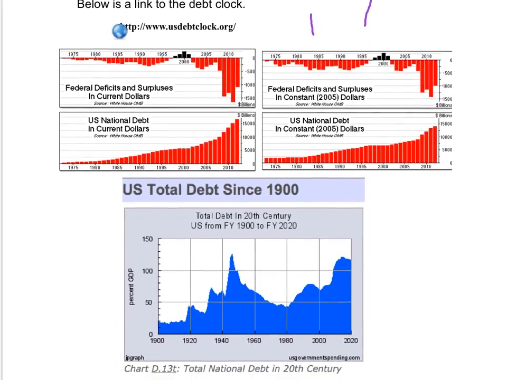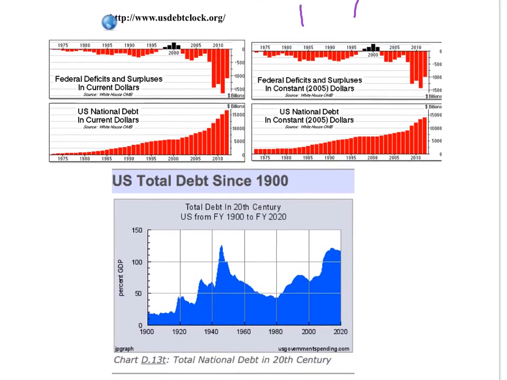And below, we'll go into more detail. You can see the top portion and the bottom portion of these two graphs, left to right. It's the same topic on the top: the deficits and surpluses. The small little region right here, those were surpluses.